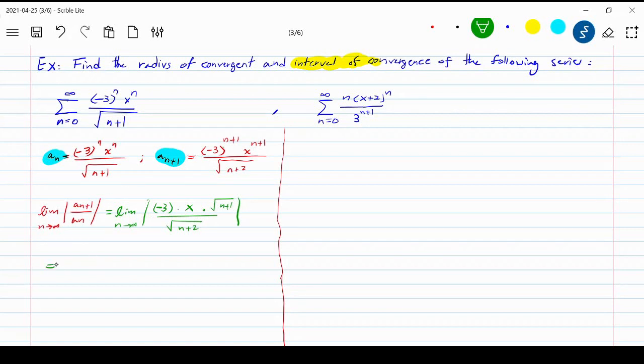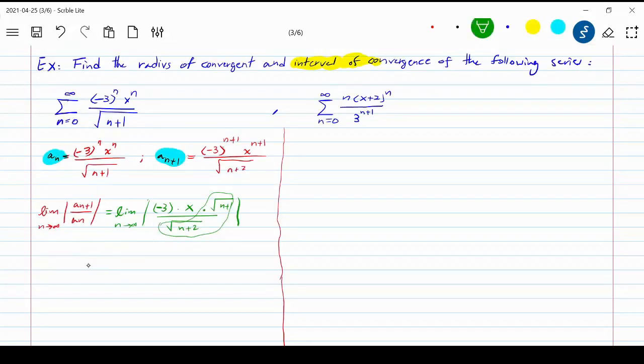As n approaches infinity, the ratio containing only the terms with n simply becomes 1. Square root of n plus 1 divided by square root of n plus 2 is simply 1. You can use L'Hopital's rule for that.